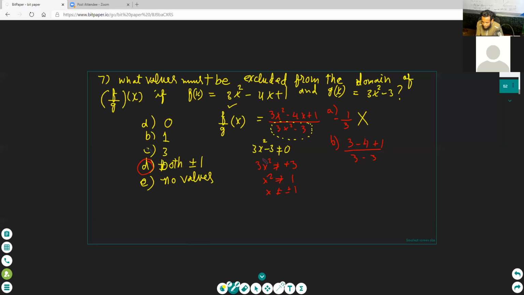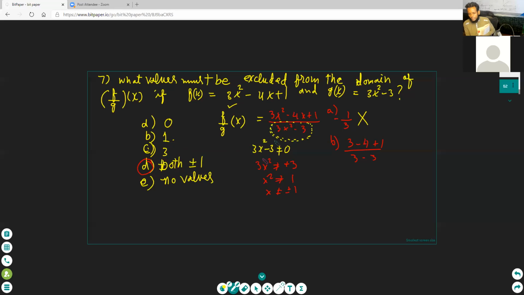Clear? Anyways, I'll plug in every value and I'll get the answer. Yes, it is good to check every value, but you are limited to this. You should also check the other values, both positive and negative, because here is a square. For positive value and for negative value, both answers are correct.